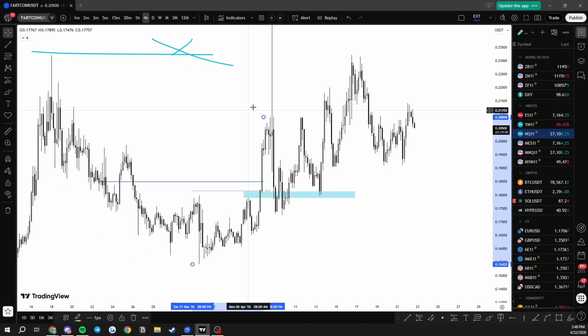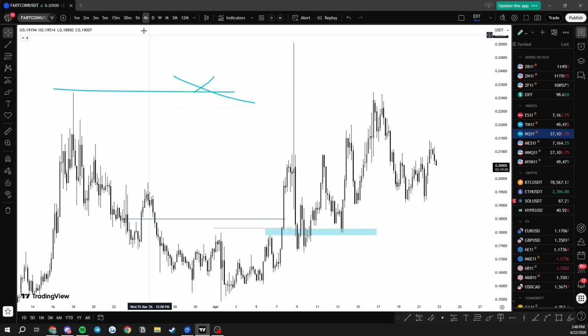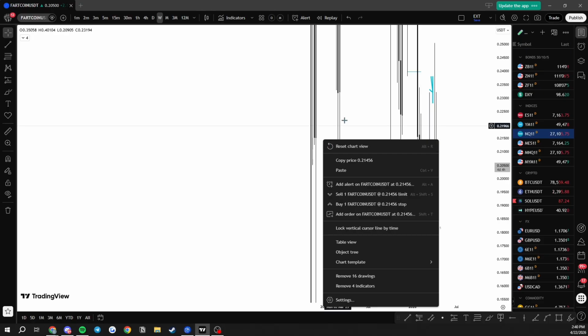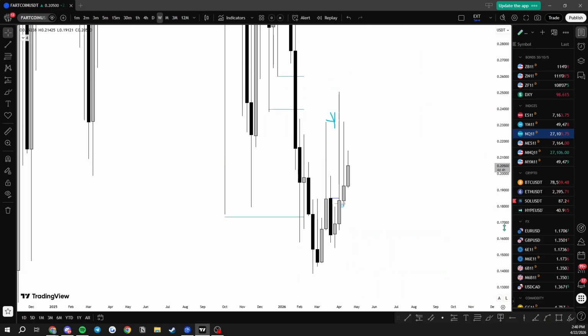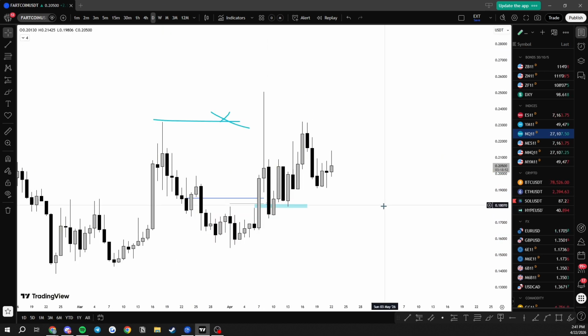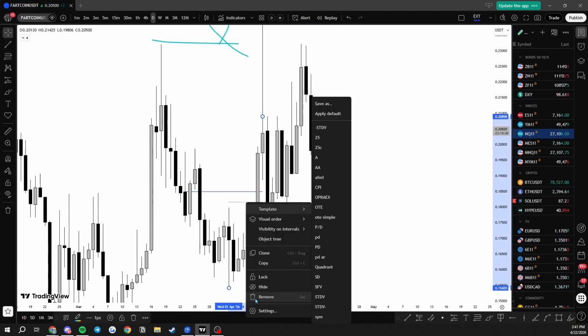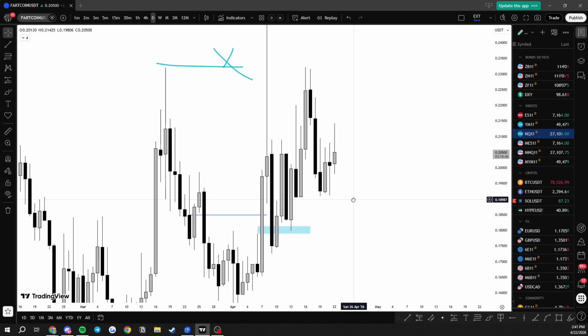That isn't a ridiculous wick, I'm not gonna lie. Where did I draw this fair value gap? Okay, what? I can't even tell, to be honest. I assume I was trying to get some daily premium and discount, but yeah.